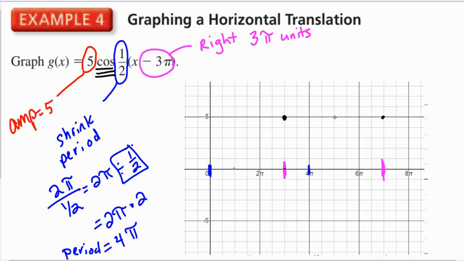Halfway between those, we're going to hit our low point, our bottom, right? So we're going to have down here, -5, that's our low point, that's our minimum. Halfway between the max and the minimum, we're going to hit 0. Halfway between the minimum and the max, we're going to hit 0. And then we graph a nice smooth rounded curve through that. And that's one cycle, okay?